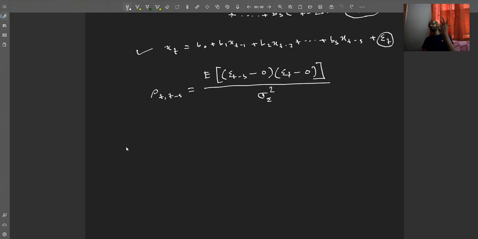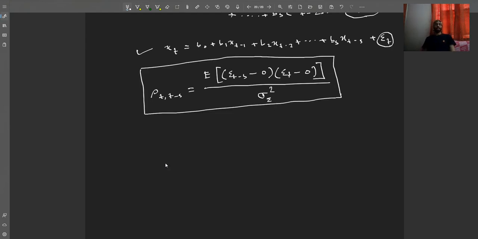Now how do we decide whether autocorrelation exists or not? What we do is, let's say there are 100 time periods in the model. We divide this correlation by root over of 100 and check the value of this. So if this value is more or less equal to 0, that means there is no serial correlation or autocorrelation.